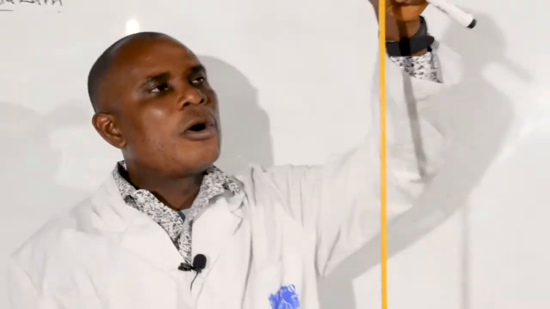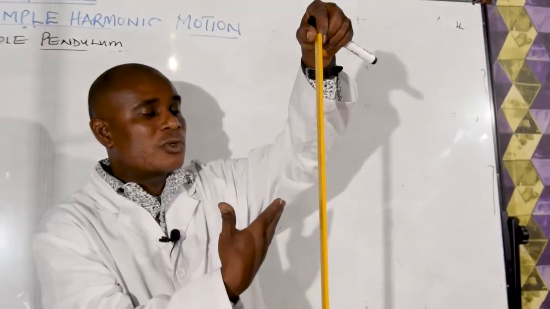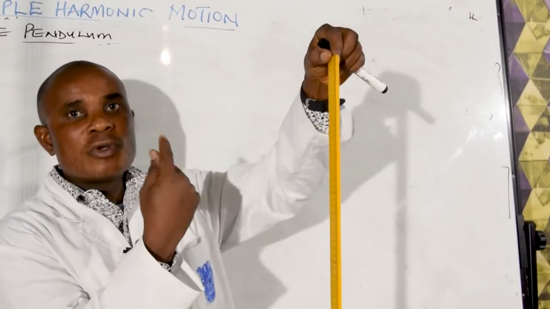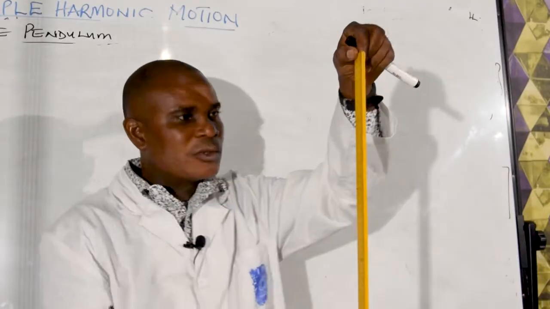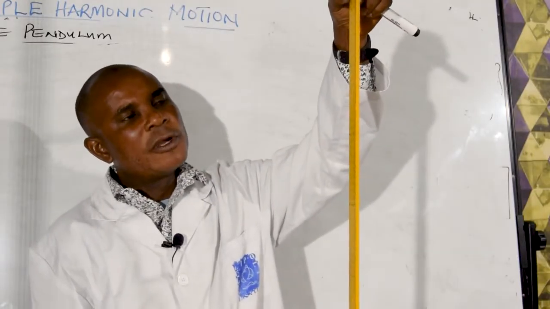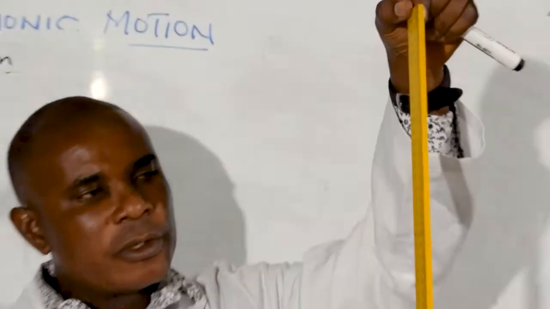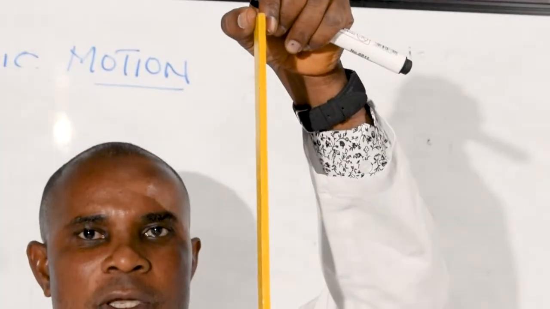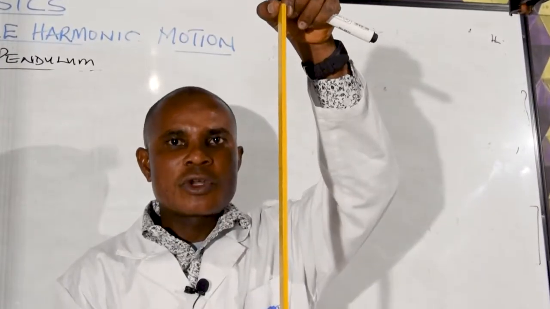So this is how you calculate your reaction time. If you want to try this experiment, try to get your reaction time first so you know the values you are bringing, whether they're accurate or close. So this is how you do it. You get a colleague to hold the rule for you, and he's not going to tell you when he's going to drop it. You'll be looking at it and you try to catch it.